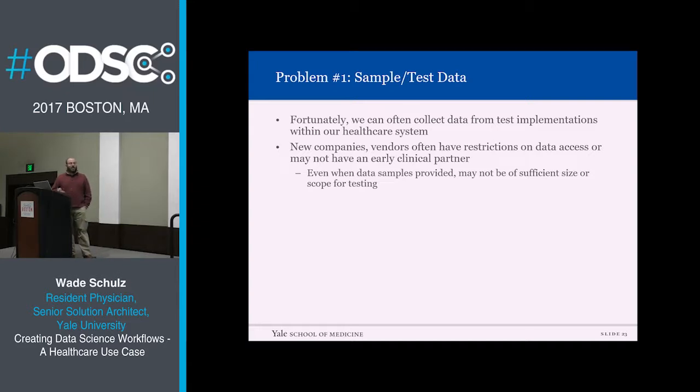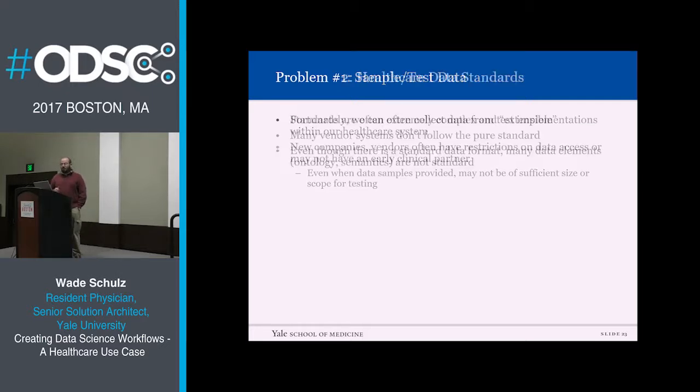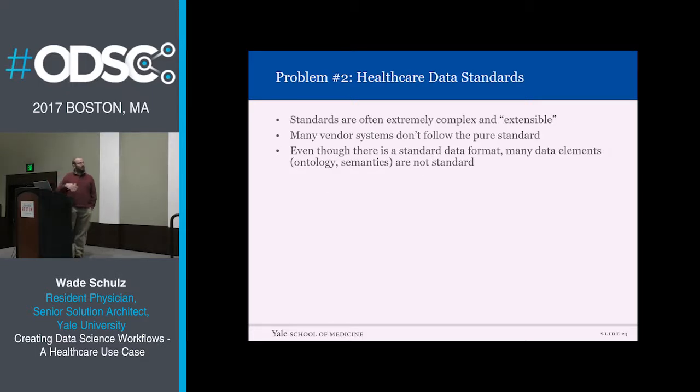In-house, we are able to pull some of this data from our test systems, but for most vendors that we work with or startups that are trying to get into healthcare, those aren't data sets that we can usually share, which makes it tough to really break into healthcare as a data science industry, both for those of us in it as well as people outside who are trying to move into the field. So if you can generate the data, that is definitely beneficial, which we'll do for the first step of this.